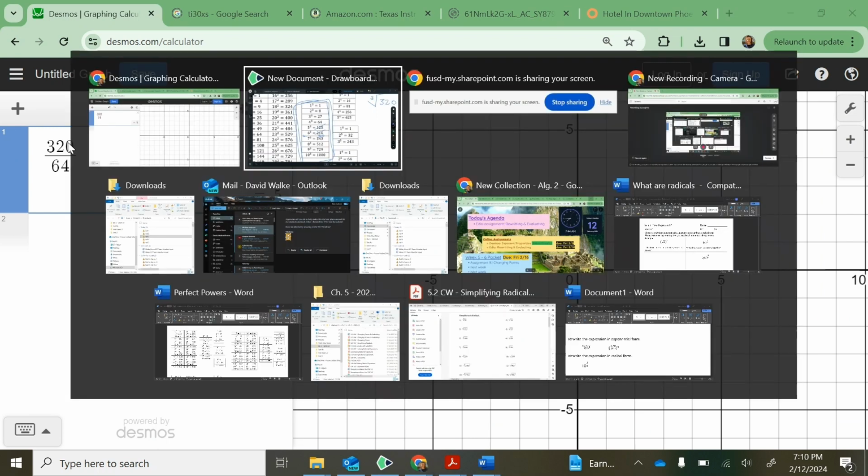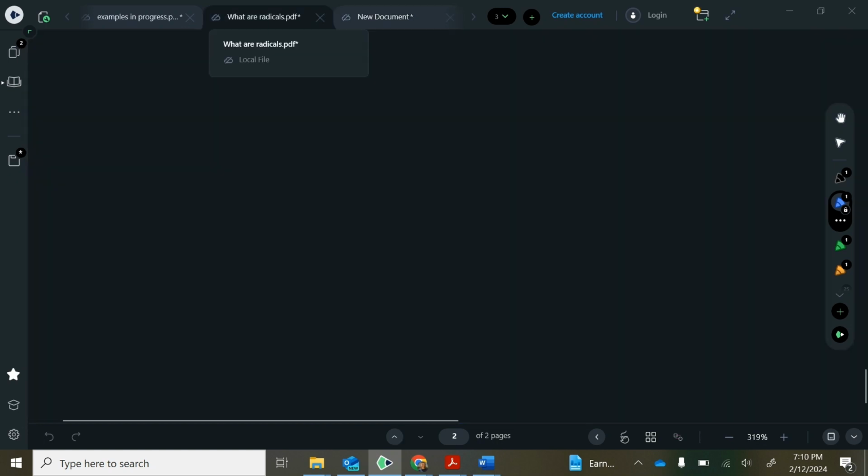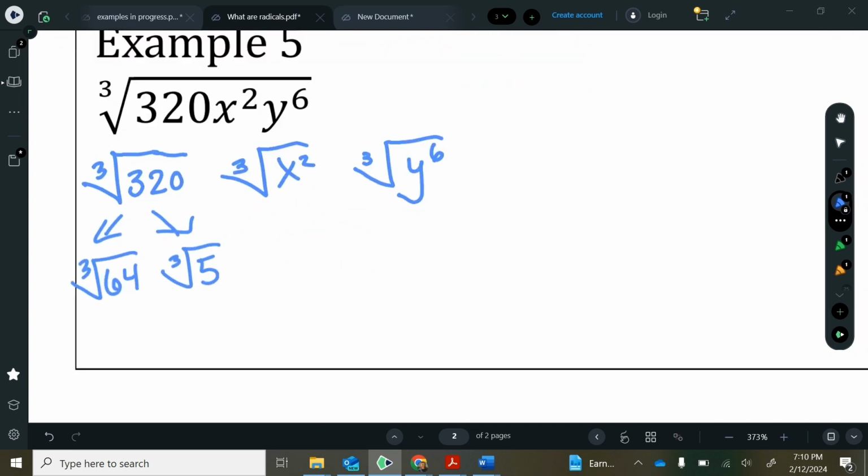So now we can come back over here and split this guy up. This is going to split into two roots, the cube root of 64 and the cube root of 5. And note that I put the 64 in front. Whatever number is on the list, the 64 was the one on the list, that's the one you want to put first, because that's the root that's going to simplify to a whole number.